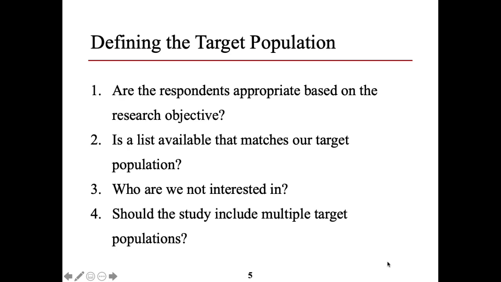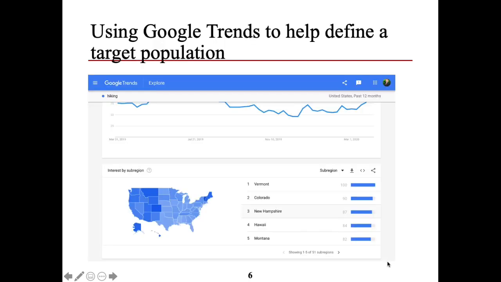The last thing that I want to cover is how we may use Google Trends to help define a target population. Google Trends is a really nice way to find some insights if you're struggling with where you want to target. Maybe you're looking to do a marketing campaign and you're struggling on where you want to target the individuals.